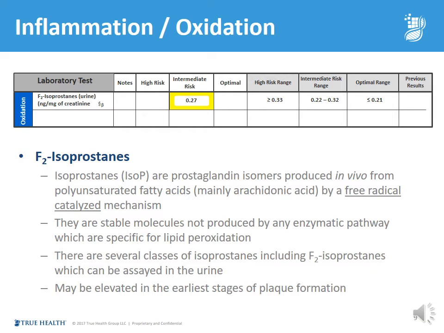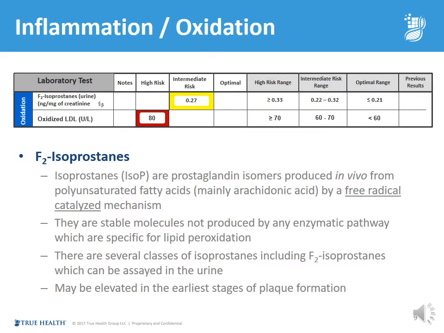And they have, in studies, been correlated very well as being present in the early stages of plaque formation. Because remember back to slide 1, atherogenesis results from oxidation of ApoB containing lipoproteins. Now, laboratories can measure oxidized low-density lipoprotein concentrations.